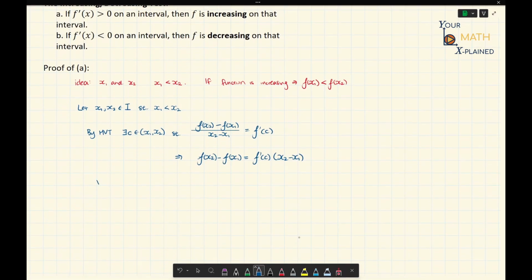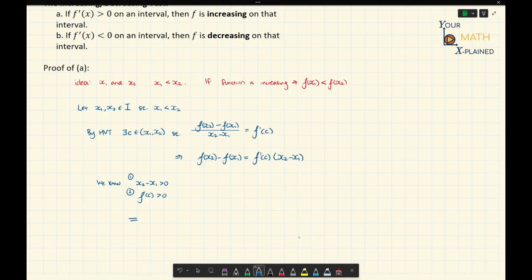Well, we know that we picked x2 to be greater than x1, which means x2 minus x1 is going to be greater than 0. That's the first thing. And then the second thing is we're told that f prime of x is greater than 0 on this entire interval, which means that f prime of c must also be greater than 0 because c is some number that's within this interval.